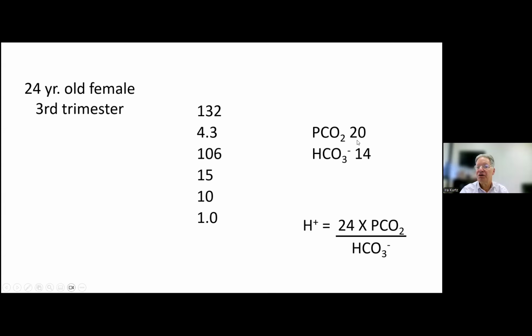The original would be 38. So we have a 2-to-1 proportionality here in the changes. Again, the pH must be 7.47 when you plug these two numbers into the Henderson equation. This is the non-log form of the Henderson-Hasselbalch equation where the constants have been lumped together to get the 24.